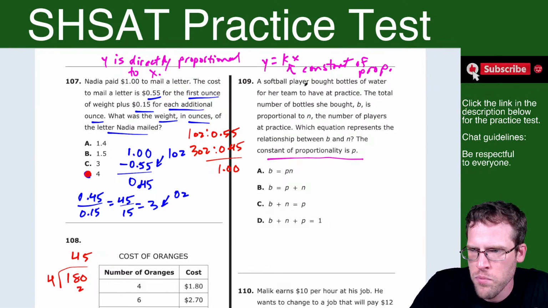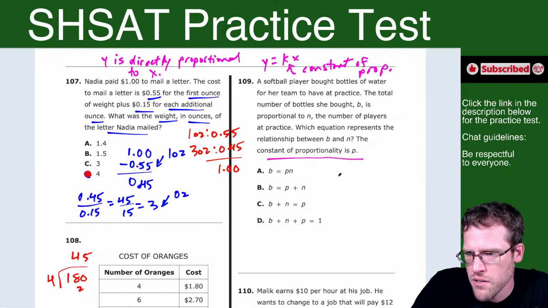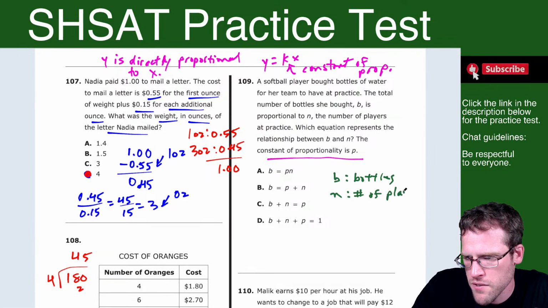So let's see. A softball player bought bottles of water for her team. The total number of bottles is B. So B is bottles. N is the number of players.